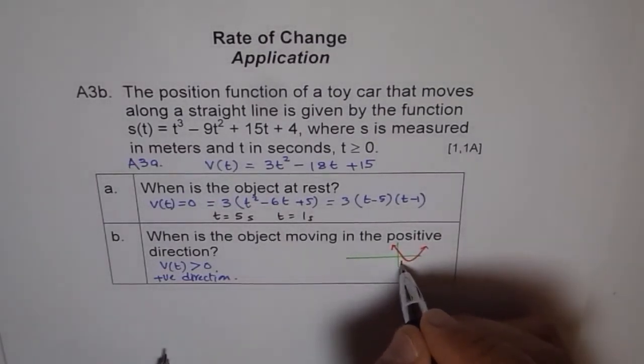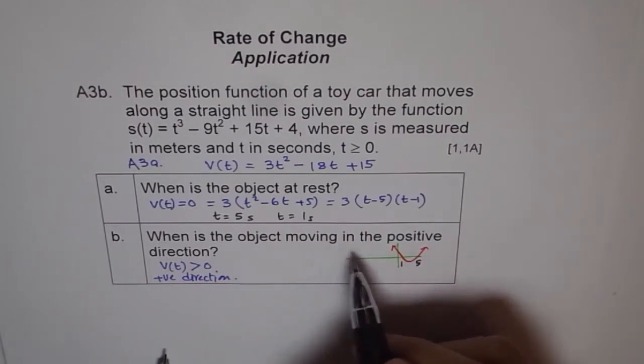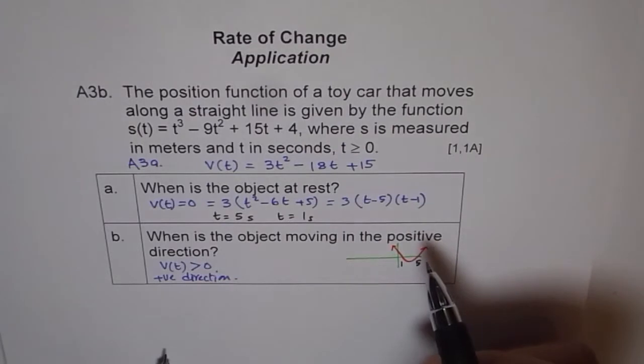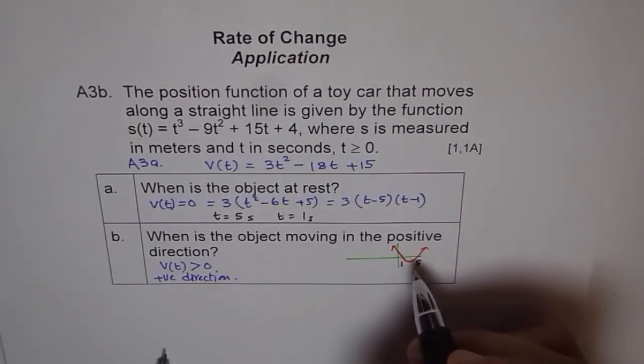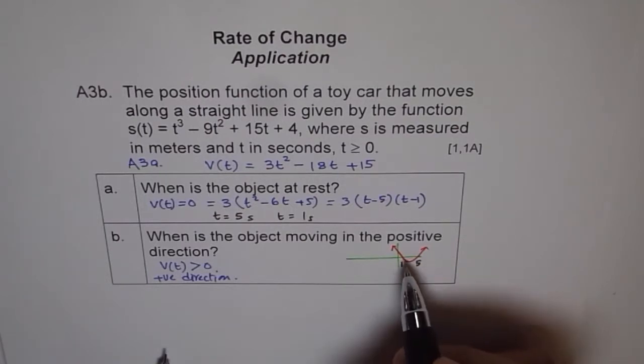So when is the object moving in the positive direction? Of course t is greater than or equal to 0, correct? Whenever t is positive, the graph being above the axis means it is moving in the positive direction.